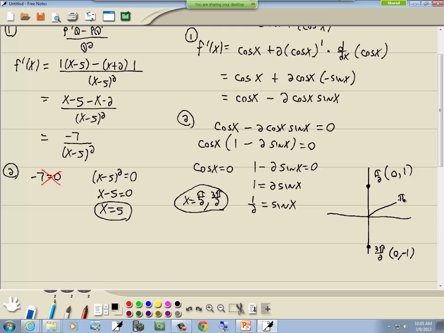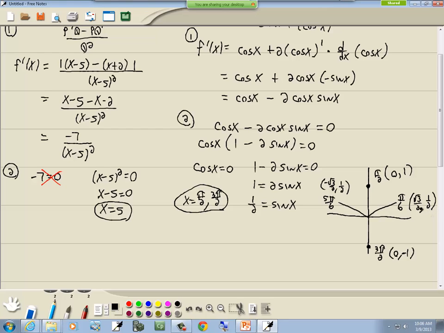I did that a little bit high, but I wanted to make sure I had room. If we look at pi over 6, that's going to be the point square root of 3 over 2 and 1/2. And if I look over here at 5 pi over 6, this is going to be negative square root of 3 over 2 and 1/2. So on this one, we're looking where sine is equal to 1/2. Sine is our y on our unit circle. So if I go around the unit circle, I'm looking where y is equal to 1/2.